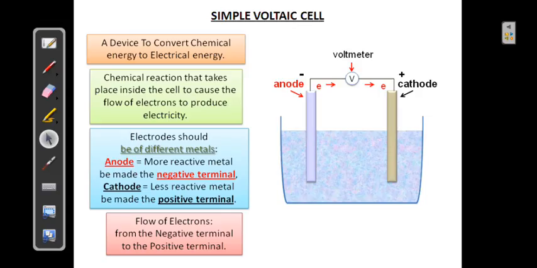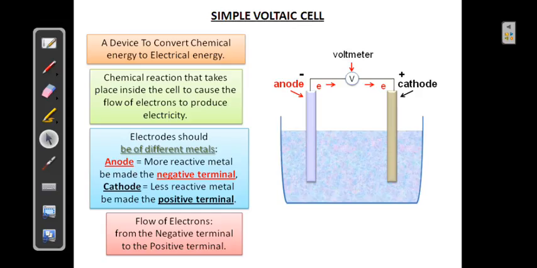Although the anode has a negative charge, whereas the cathode has a positive charge, the electrons still flow from the anode to the cathode. Whereas in the electrolytic cell, although the electrons still travel from the anode to the cathode, the anode is positive charge and the cathode is negative charge.